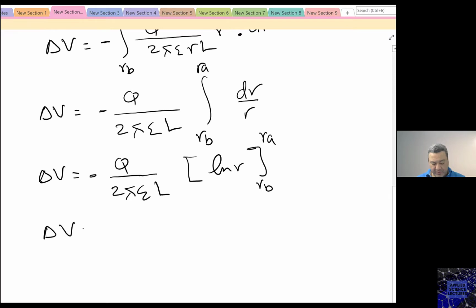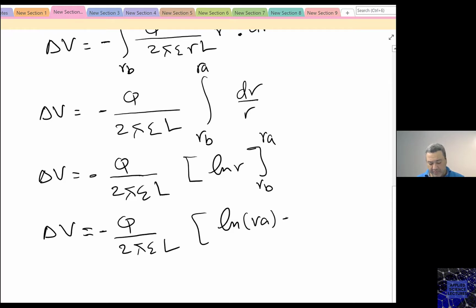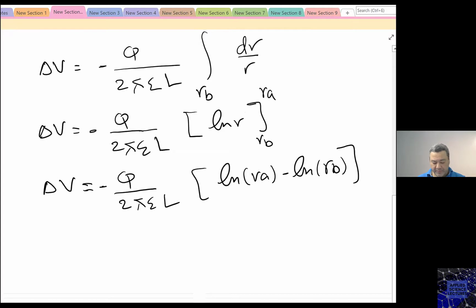Then the potential difference is minus Q over 2 pi epsilon L times the logarithm Ra minus the natural logarithm Rb.